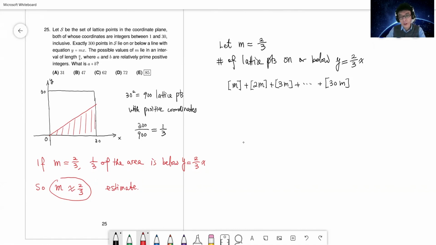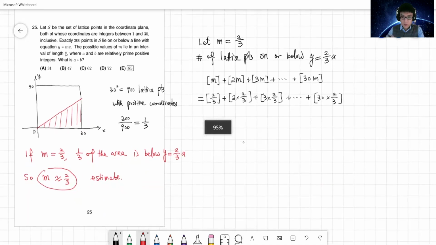Okay, here we take a specific m equals 2 over 3. We plug in: 2 times 2 over 3 plus 3 times 2 over 3, up to 30 times 2 over 3. So here we have a pattern because m equals 2 over 3.